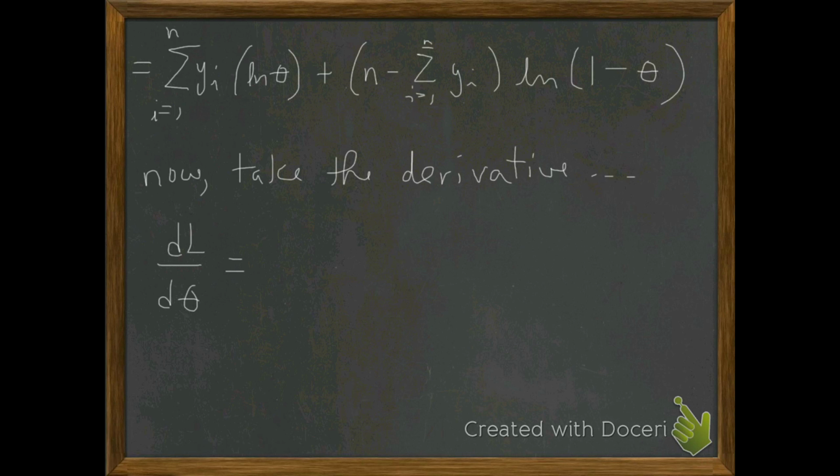Remember that the derivative of the natural log of theta is 1 over theta. So we're going to have 1 over theta times the sum from i equal 1 to n of y sub i's. And similarly here, the derivative of the natural log of 1 minus theta will be 1 over 1 minus theta times this mess up here.